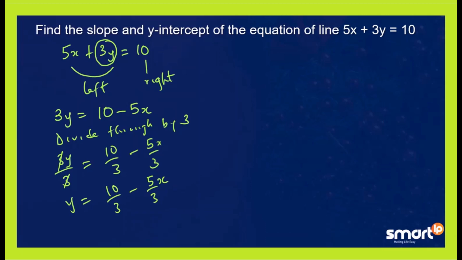Okay, so the step 2 thing we need to do now is to rearrange this. So let's rearrange it. We want the term with the x to come after our y equals, so the 5 over 3 x should come first before the 10 over 3.